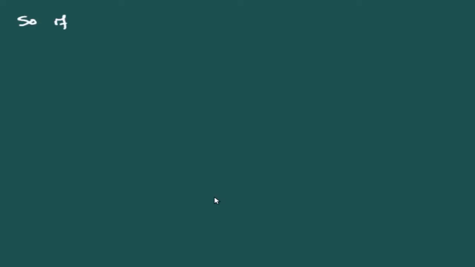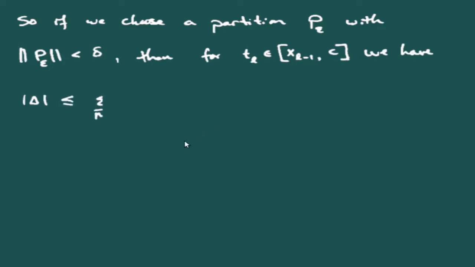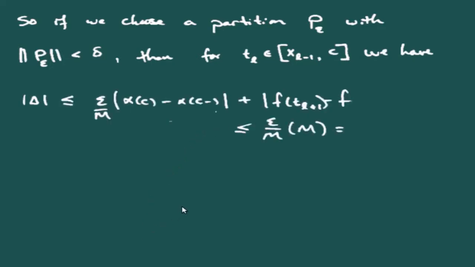So then if we choose our partition P sub epsilon with the norm of P sub epsilon less than delta, and then for any t in our interval from x sub l minus 1 to c, we've got that the absolute value of delta is going to be less than epsilon over m times the difference of alpha of c and the limit as alpha approaches c from the left, plus the absolute value of f of t sub l plus 1 minus f of c times 0, because we assumed that alpha was continuous from the right there.